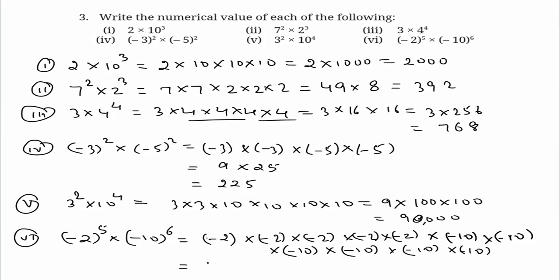So minus 2 into minus 2, if I multiply 5 times, I will get minus 32. Why minus? Because the negative sign is coming an odd number of times, so the product will be negative. And minus 10, when we multiply 6 times, I will get the answer in positive. So 1 and 6 zeros. And when we multiply this, I will get minus 32 and then 6 zeros. So this will be the answer for the last one.